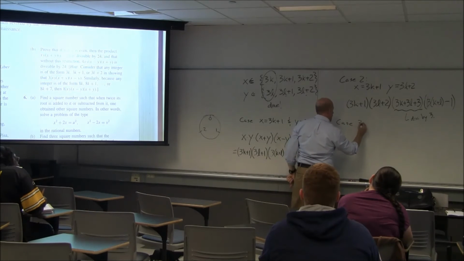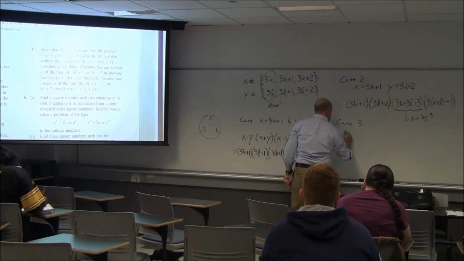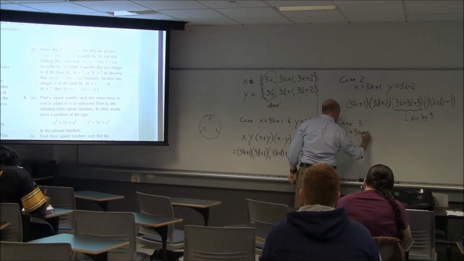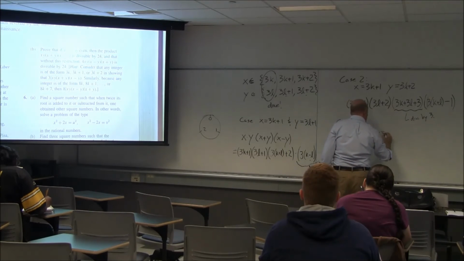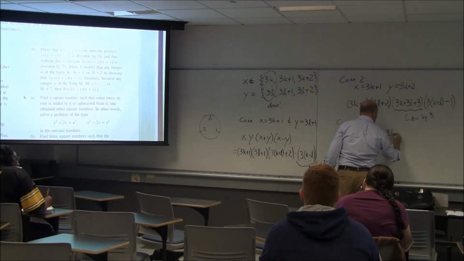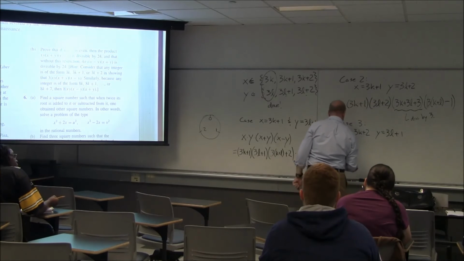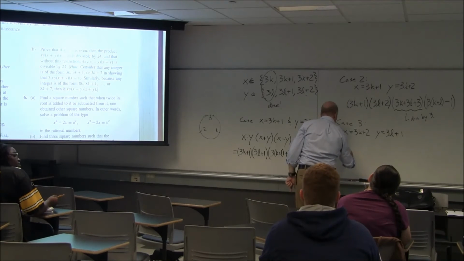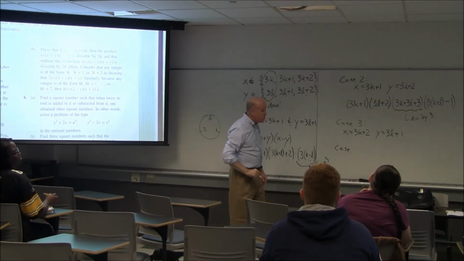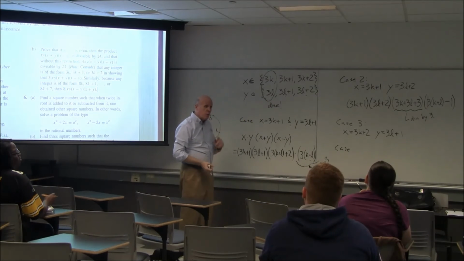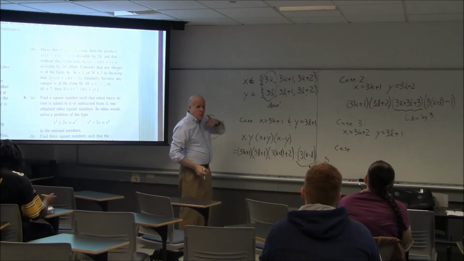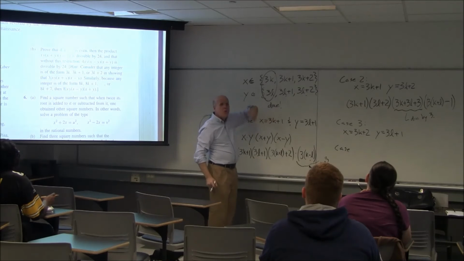So case 3: x is 3k plus 2, y is 3l plus 1. And case 4, actually, I would say you don't need many of these cases after you see what's really going on. And so what is really going on?